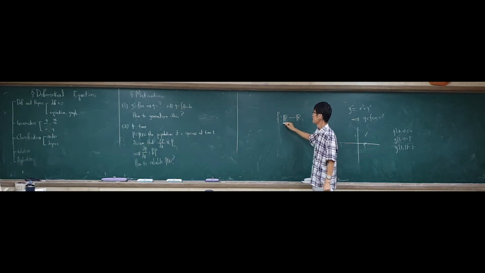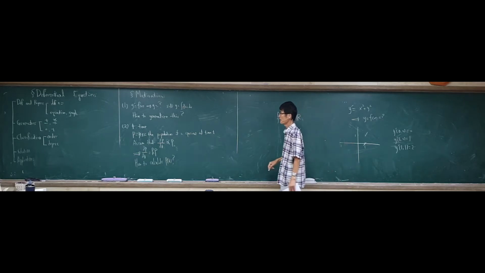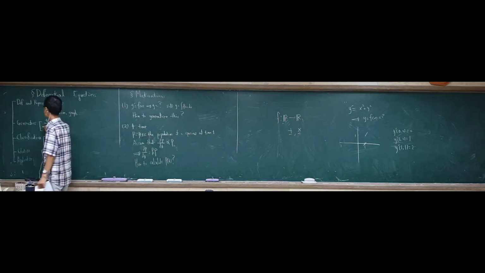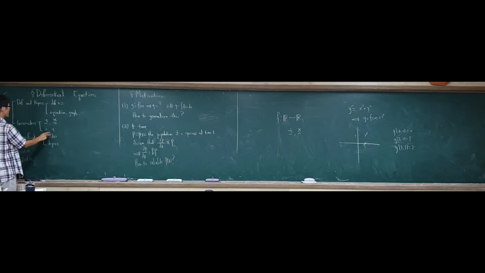So in the set of real numbers, there are 4 operations: plus, minus, multiplication, and division. So we can generate a new function based on these 4 operations, and from functions we can get a function by using composition and inverse.